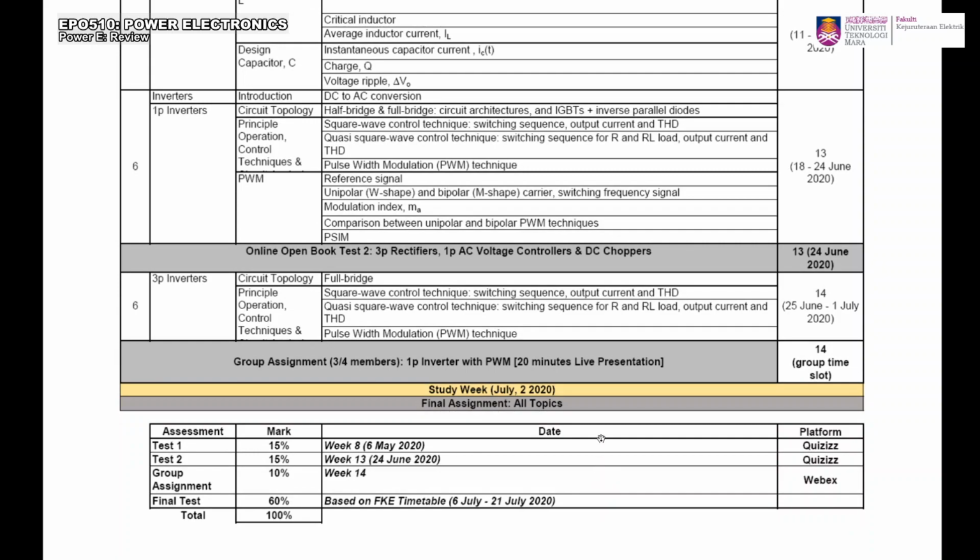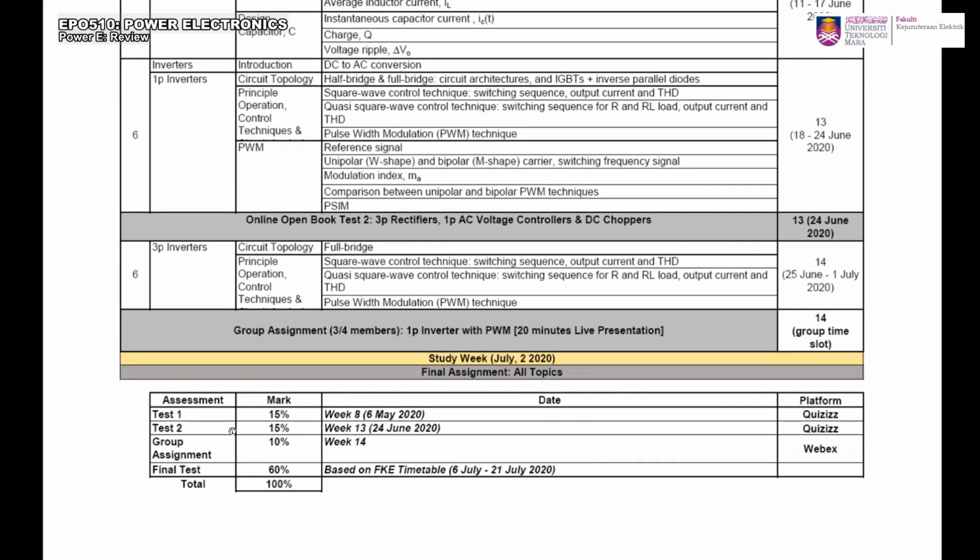Because of this PKP, the assessment will be different. There will be 15% for test 1, 50% for test 2, and the group assignment will be 10%, and the final test is maintained at 60%. For the final test, there will be a timetable, which means the faculty will choose one date for us for power electronics, and it will be online again.